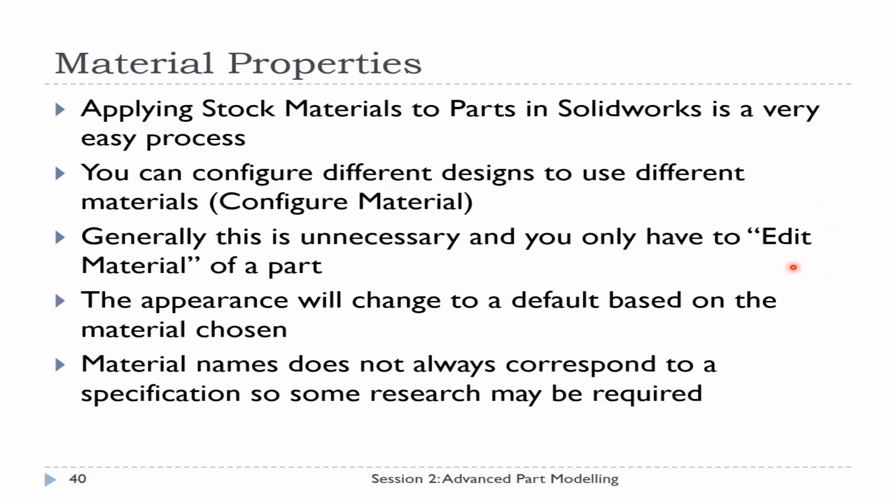Just right click on the material line on the design tree and select Edit Material, and you would see a default SolidWorks material library where you can select some predefined materials, or if you would like to create a custom material, you can use that tool to do that. Something you need to be careful about when creating a custom material is to ensure that your material specifications and material properties are correct.